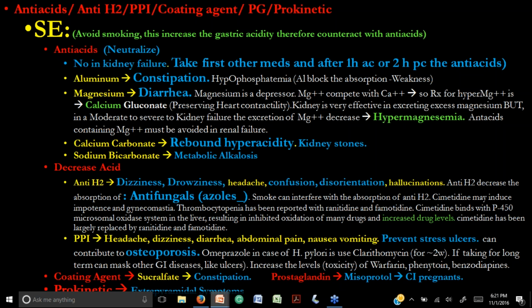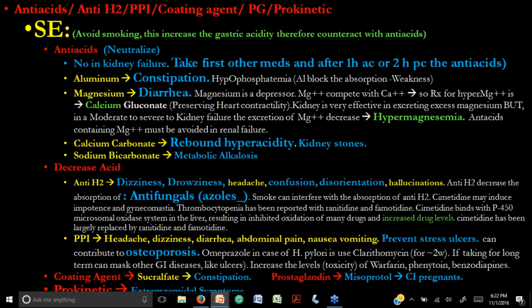Okay, so one thing that we need to remember is that if you take any other medication, could be for diabetes, for hypertension, could be for lipids, or anticoagulants, etc., you need to remember that these antacids are going to diminish the absorption of this medication if you take it at the same time, right? So it's logical that if you want to take these other medications, you need to take them about 1 hour before antacids or 2 hours after antacids.